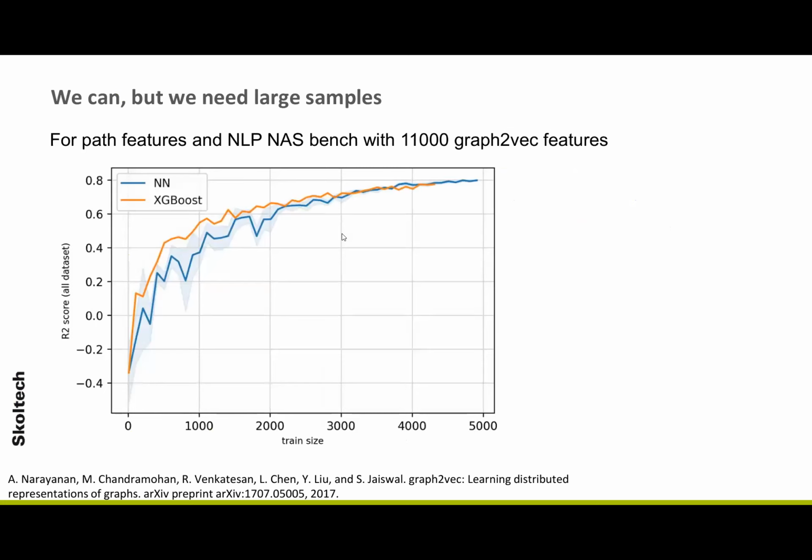We can try to run another experiment and try to predict the performance of some RNN blocks. So we generate about 11,000 graph-to-vec features and try to construct a model that predicts the score of an architecture from these features.